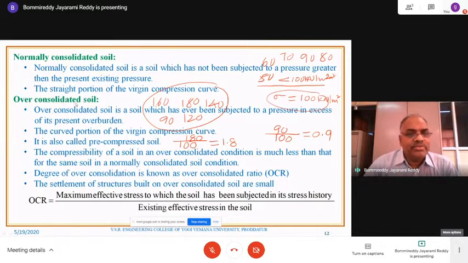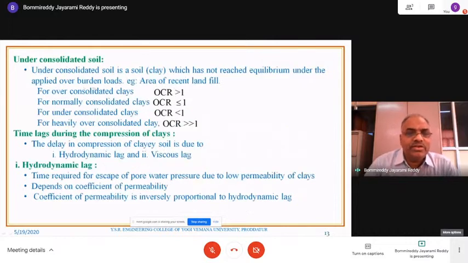Over consolidated means already consolidated, with the present stress acting on the soil much less than the earlier one, so it is called over consolidated soil. And under consolidated soil means it is just a recent fill and it is going to consolidate with the passage of time.